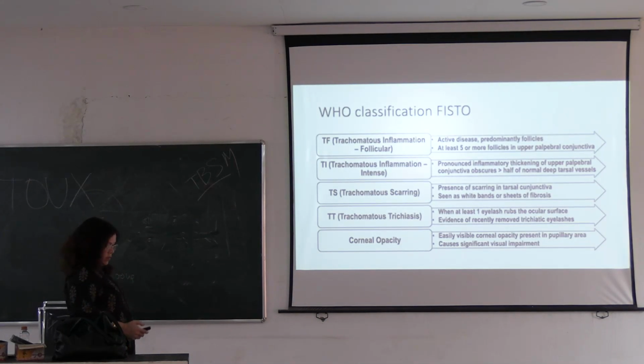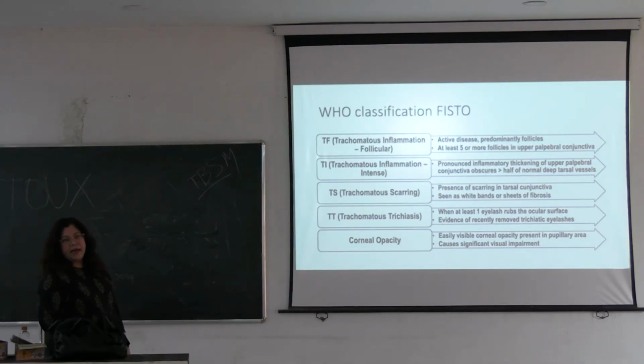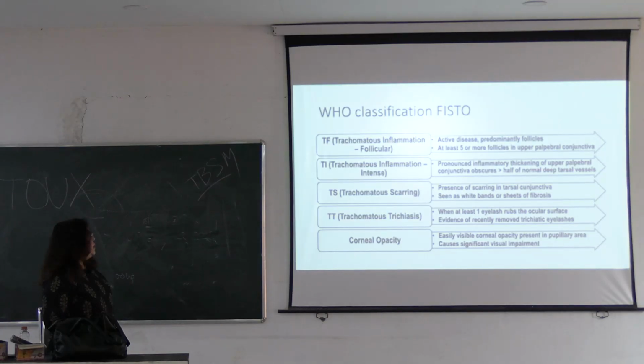classification, it is called FISTO. F is for trachomatous inflammation follicular. Here at least five follicles are present in the palpebral conjunctiva in the active stage. Then I means trachomatous inflammation intense.